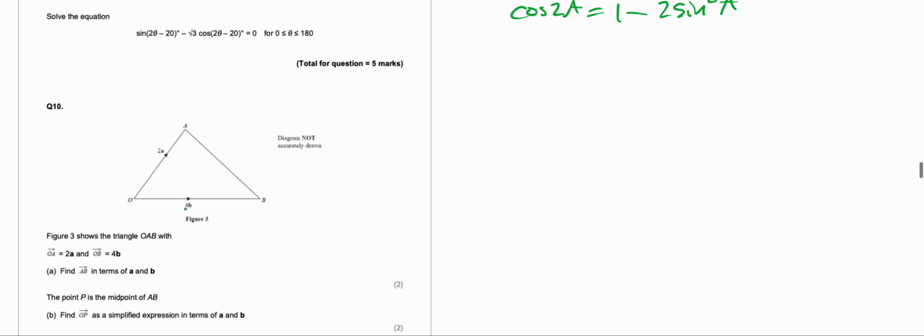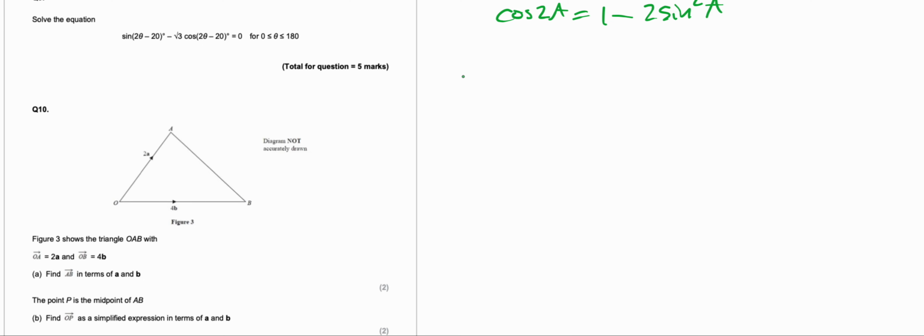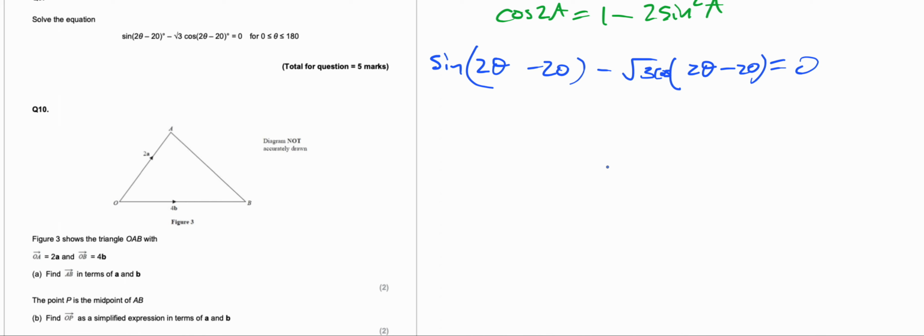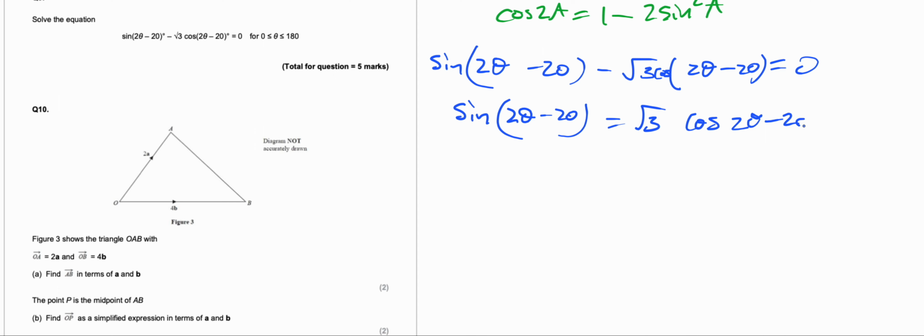Okay, next question. So trigonometric equations. This one's clever. So we know sine(2 theta minus 20) minus root 3 cos(2 theta minus 20) equals 0. So let's put that on the other side. And you end up with sine(2 theta minus 20) is root 3 cos(2 theta minus 20).